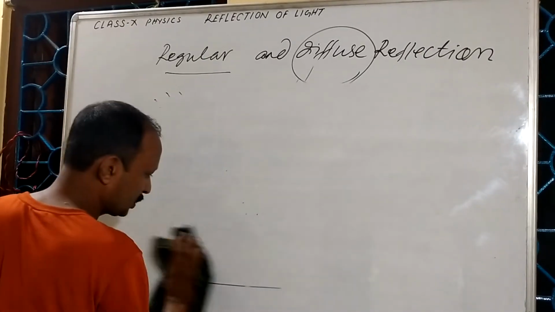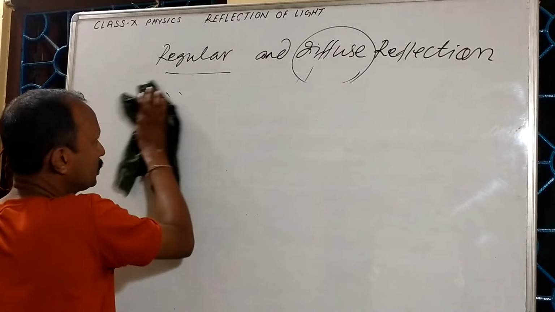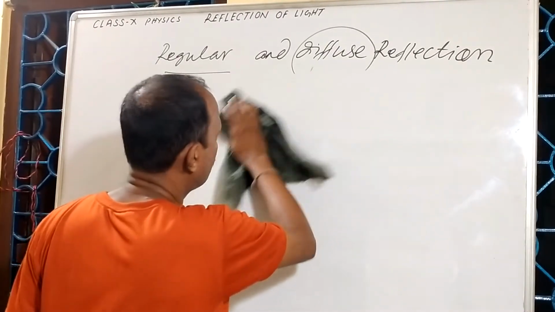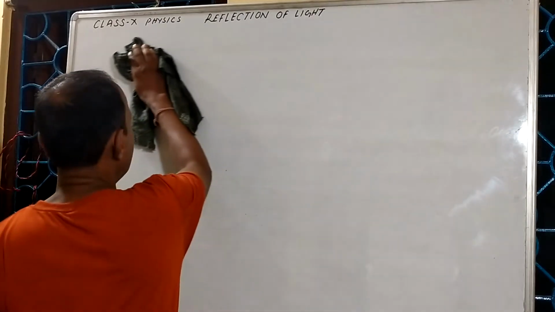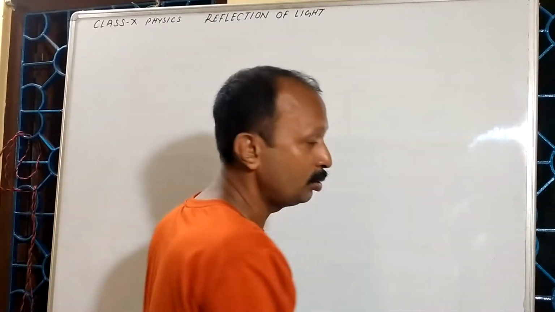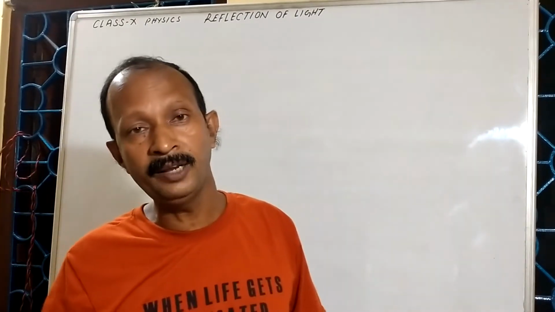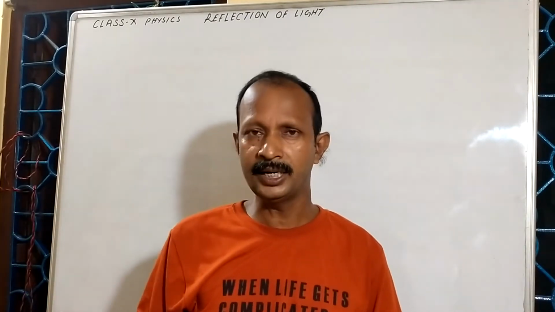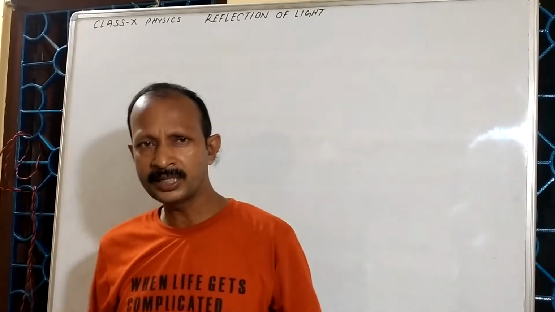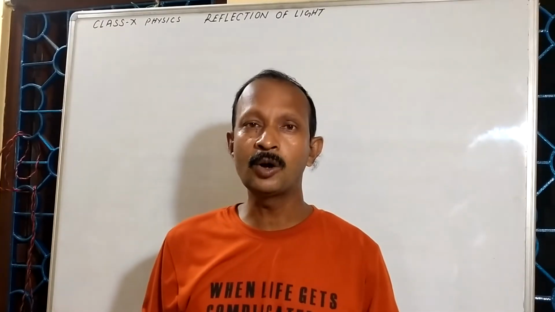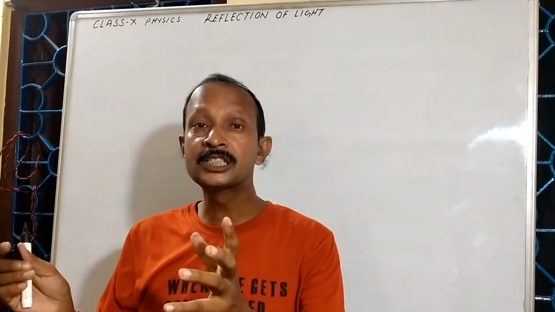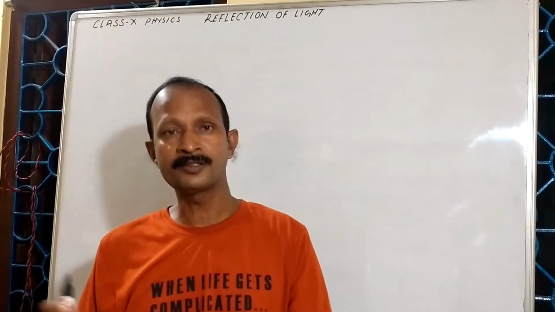Regular reflection is able to make the image, whereas irregular reflection does not make any image, but it helps to see the object from different angles. I said that if an object is on the table, from any side of the room you are able to see it, because most objects have rough surfaces.